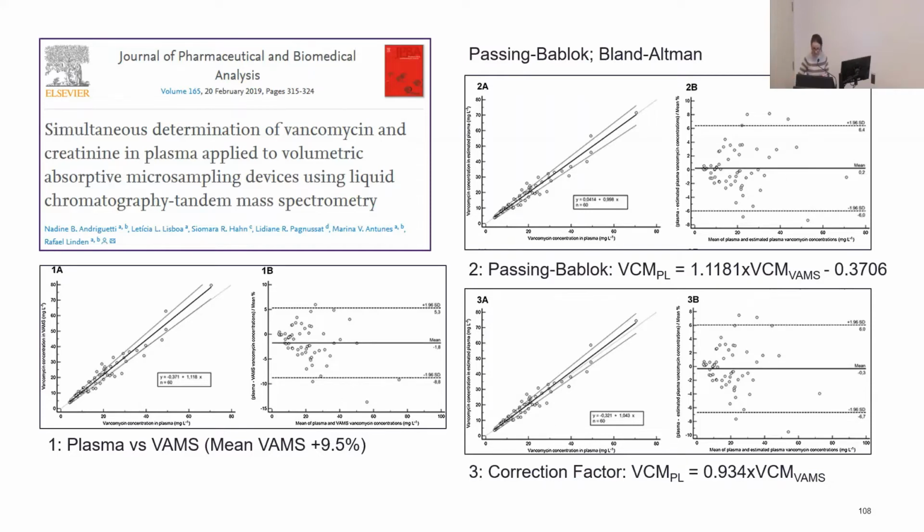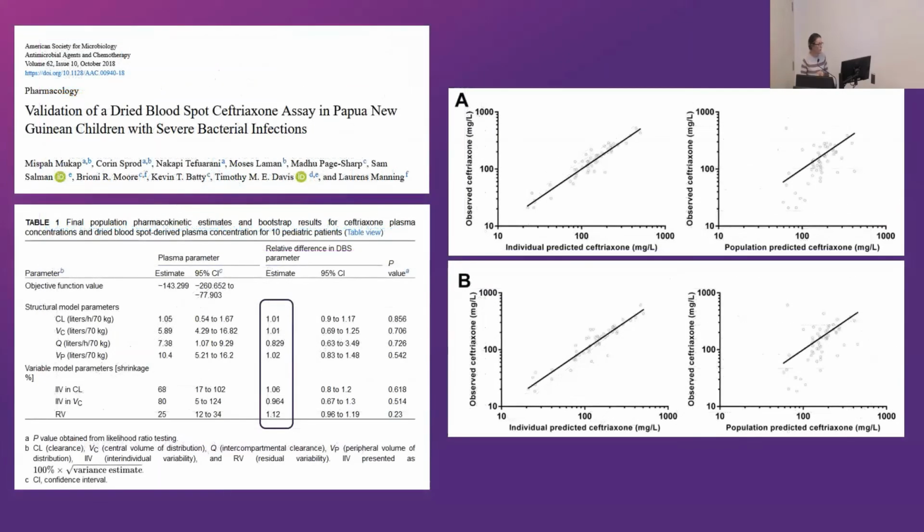The next study is one from one of our previous speakers, Lawrence Manning's group in WA, and this is where they looked at use of dried blood spots for measuring ceftriaxone in Papua New Guinea.